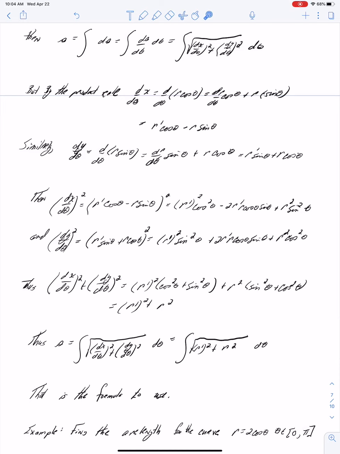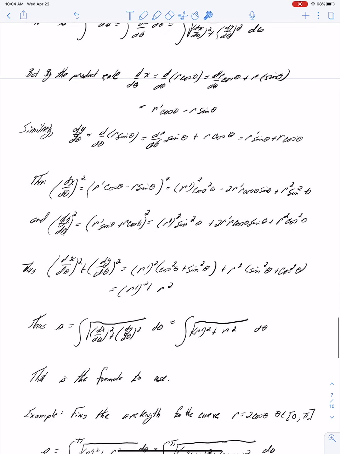Well, the answer is this middle thing goes away. And in fact, the first term has a common factor of r prime squared, and the last term that doesn't go away has a common factor of r squared. So when I clean things up, I get r prime squared times cosine squared theta plus sine squared theta. Wow. That's just 1.